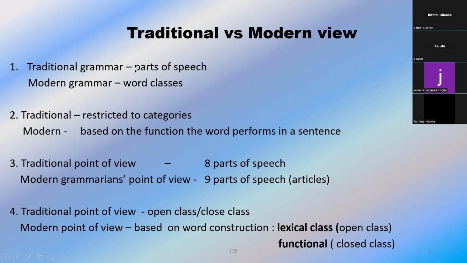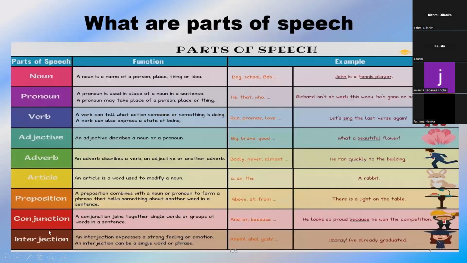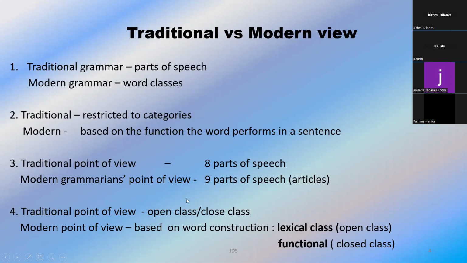Traditionally, what is the label or the terminology that is used to indicate all these categories of words? It's parts of speech. So traditional grammar views all these different categories of words, and the label they use is parts of speech. But when it comes to modern grammar, the term that they use to indicate these different categories of words is word classes.